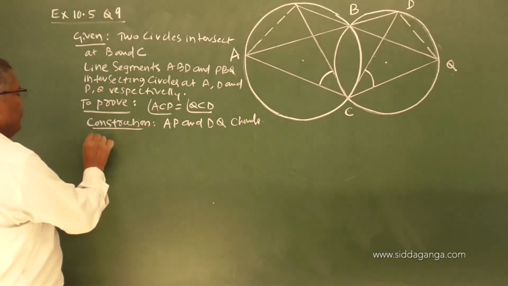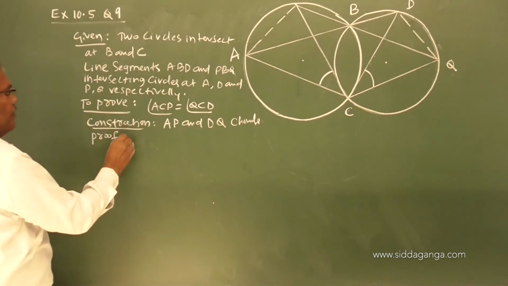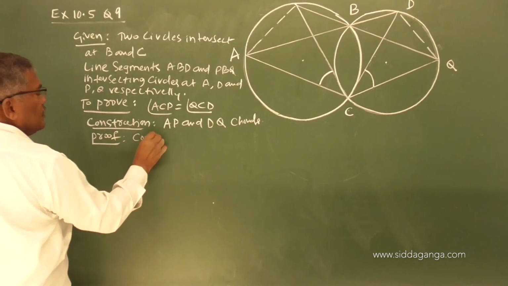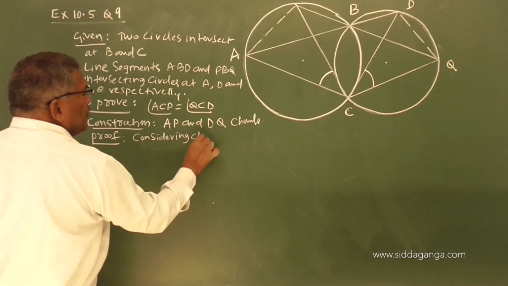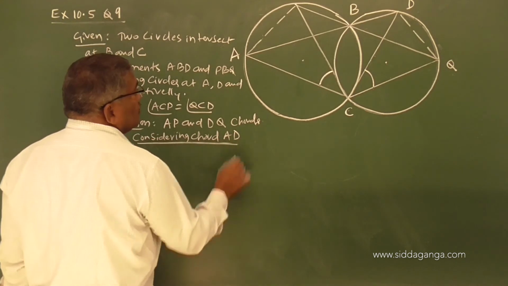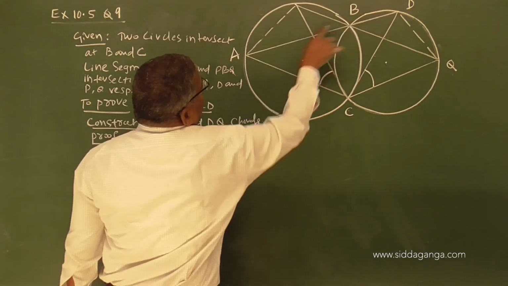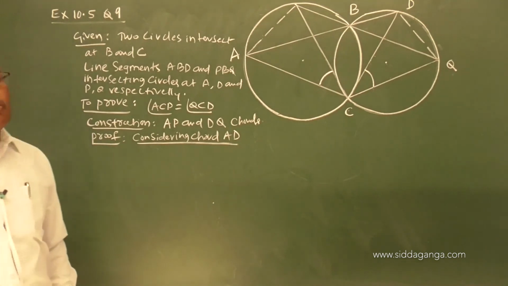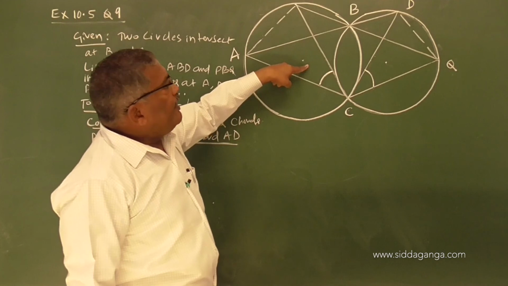Now, proof. Consider chord AP. Observe this: when AP is considered as the chord, the angles APB and PBA, those two are angles in the same segment.